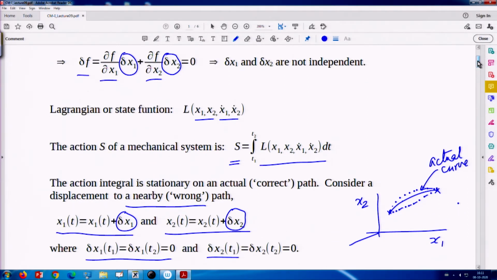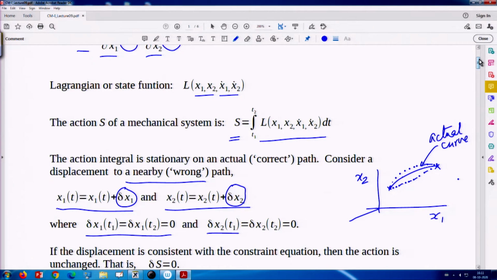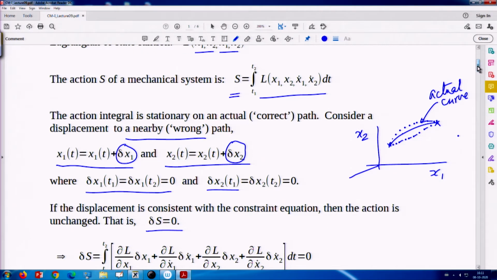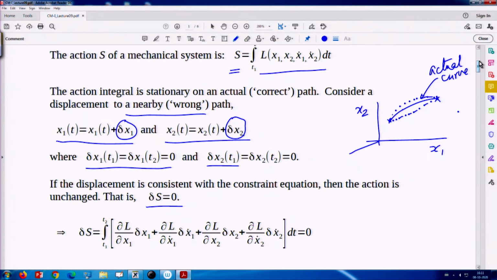If I have chosen various possibilities of delta x 1 and delta x 2 between time t 1 and t 2, there would be a variety of paths, an infinite number of paths which may be nearby.